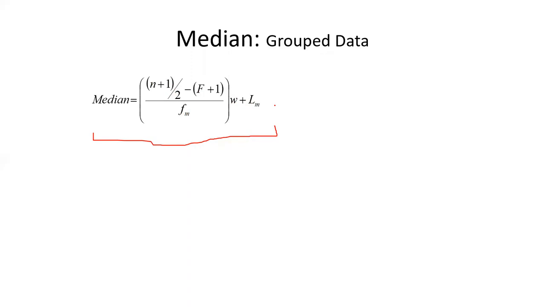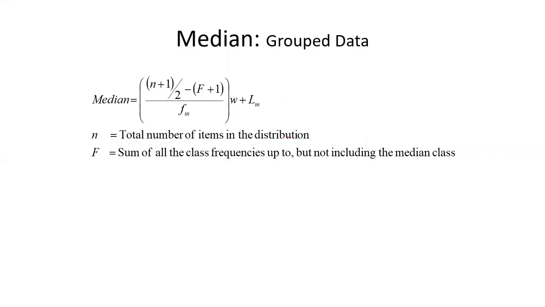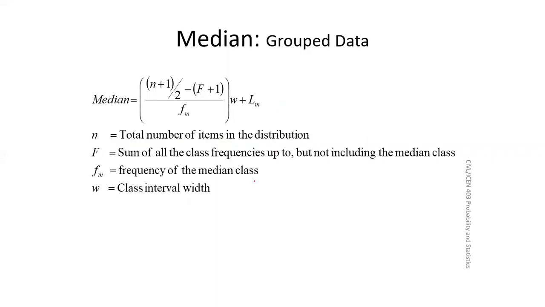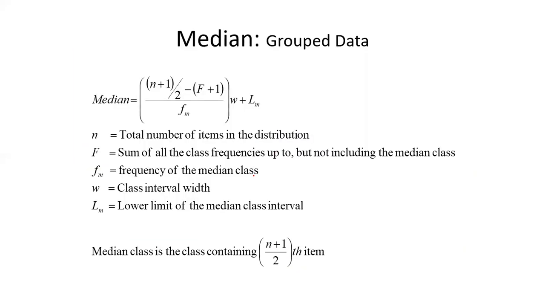Lm, Fm are of the median class. So first we have to figure out in which class the median lies, and then we will look for the median inside that. First we decide about the class where the median will lie. Let me go step by step. Here are all the things: N, F, Fm, W, Lm.